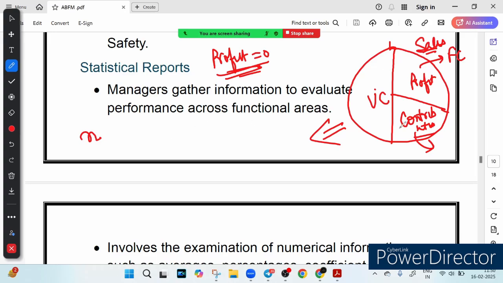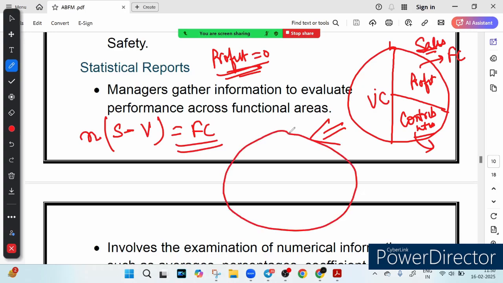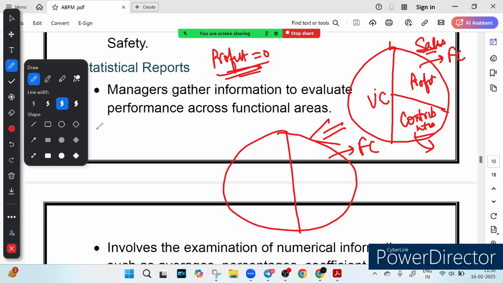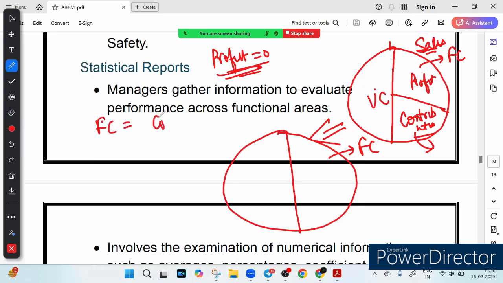This fixed cost is not calculated on a per unit basis. Suppose n is that number, so n multiplied by selling price minus variable cost will give you fixed cost, right? When break even happens, this entire fixed cost is equal to contribution, because there is no profit.